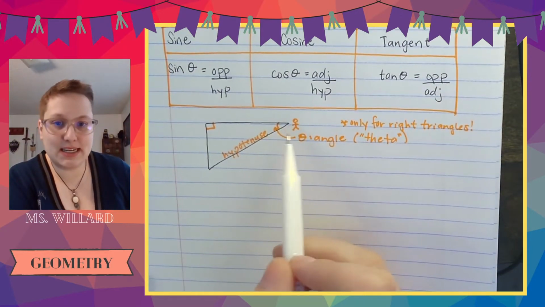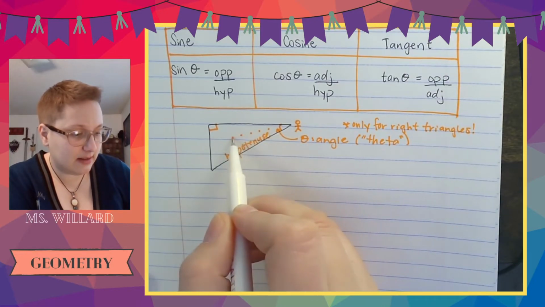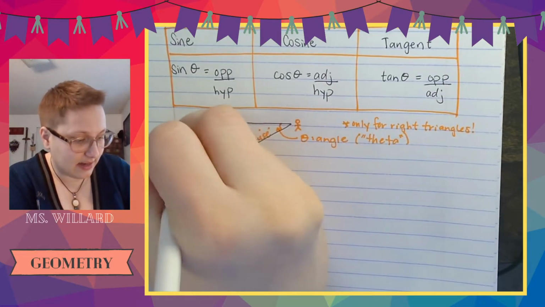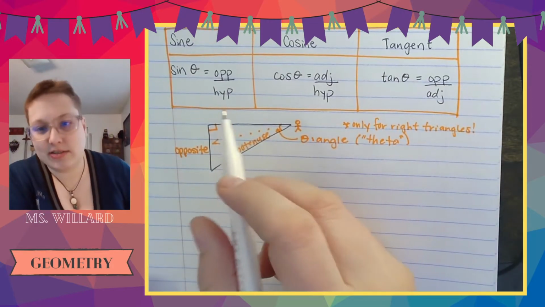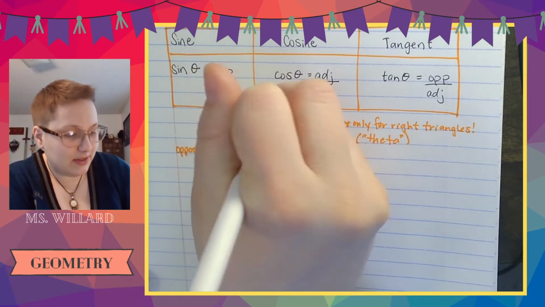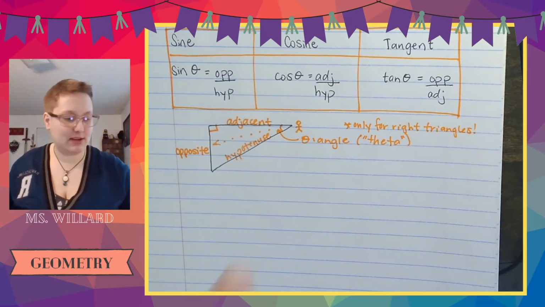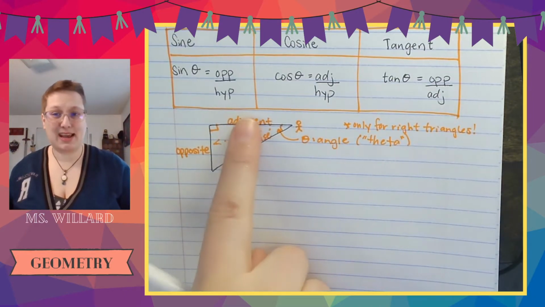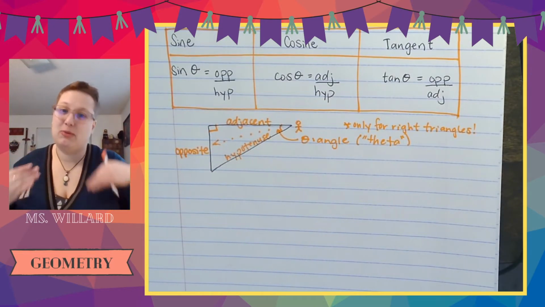Okay, so if I'm standing here, then the side across from me is the opposite side. And the other side is the adjacent side. I always do it in that order because adjacent is, I can touch it, right? So if I'm standing here, I can touch this side, but I can also touch the hypotenuse, which is why we put the hypotenuse down first, and then we worry about the other two.